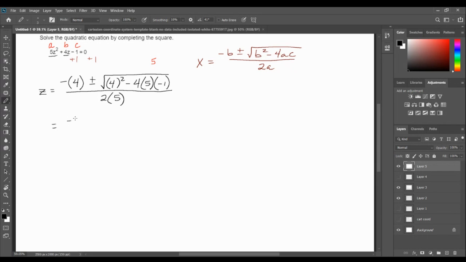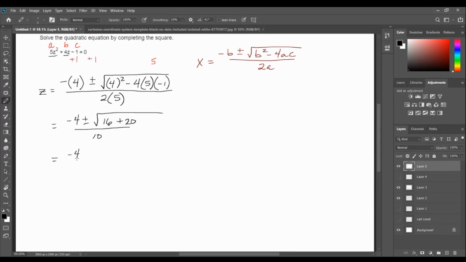So we've got -4 plus or minus the square root of b squared. 4 squared is 16. -4 times 5 times -1 is a positive 20, all over 10.